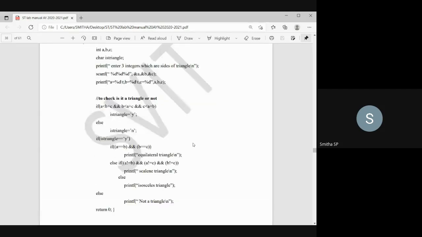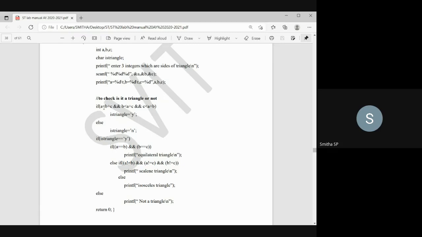The condition is that the sum of two sides of a triangle should be greater than the third side. Okay, that is the condition.